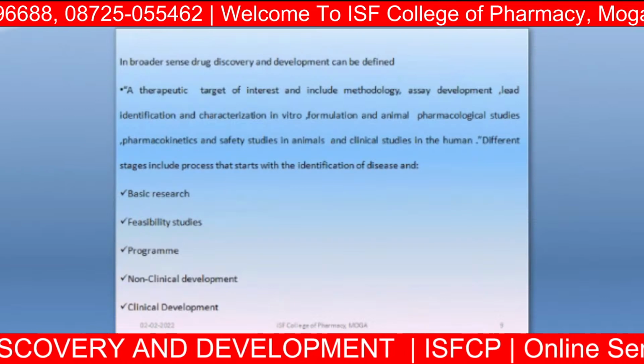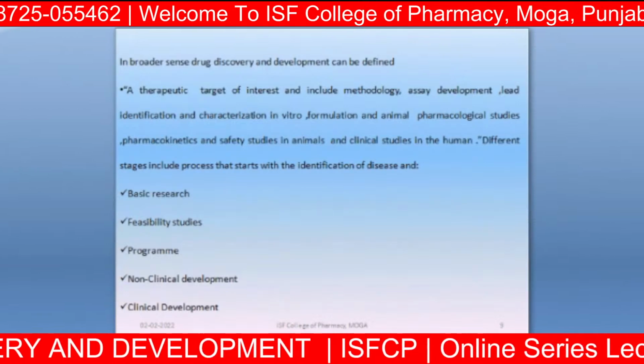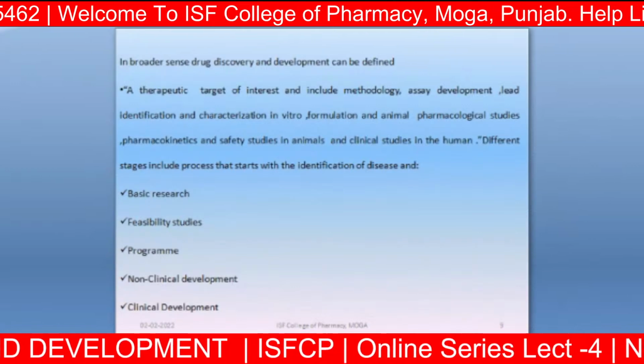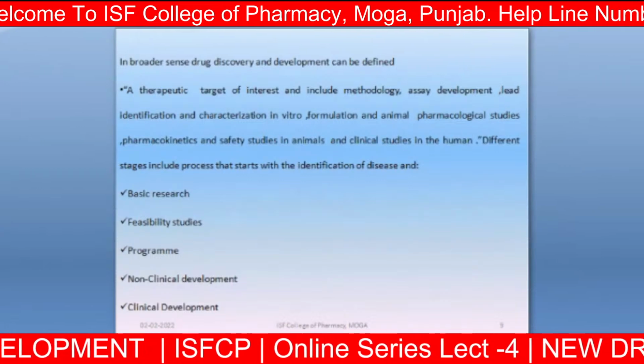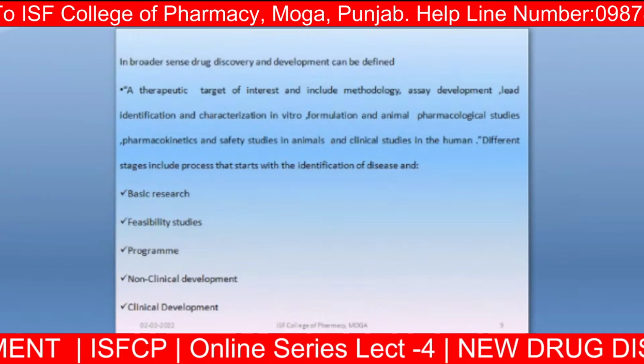That must already be approved by the animal ethical committee. So how do we proceed with the animal for the new moiety approval? First of all, we have to induce the disease.